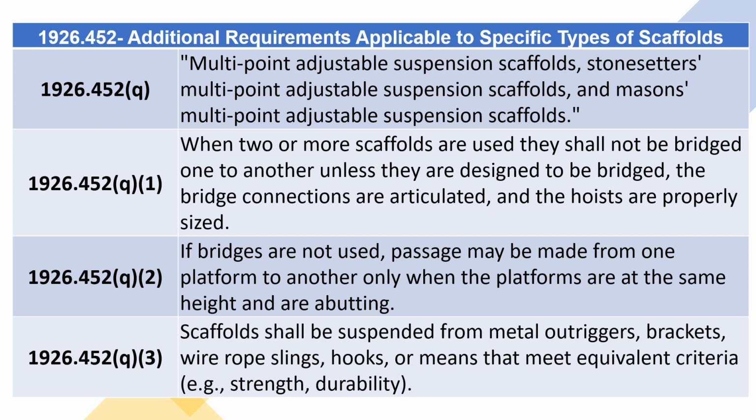If bridges are not used, passage may be made from one platform to another only when the platforms are at the same height and are abutting. Scaffolds shall be suspended from metal outriggers, brackets, wire rope slings, hooks, or means that meet equivalent criteria, e.g., strength, durability.